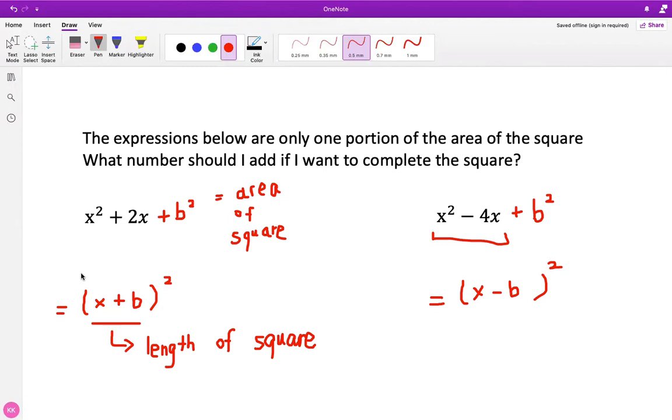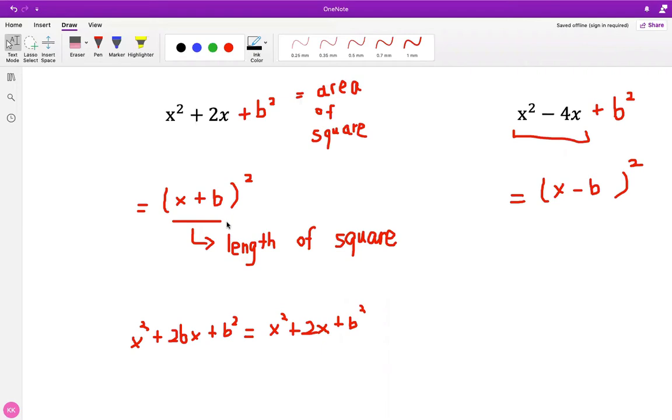In order to find the b value, let's first expand this term. If I expand this term, I will get x squared plus 2bx plus b squared. This must be equal to the other term, x squared plus 2x plus b squared. Basically, these two terms must be equal.